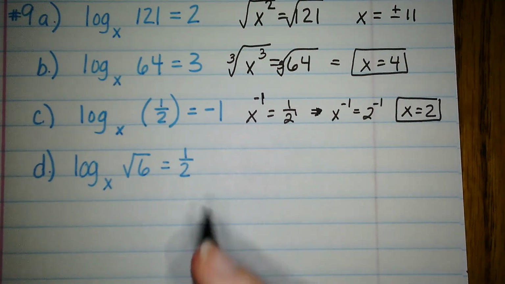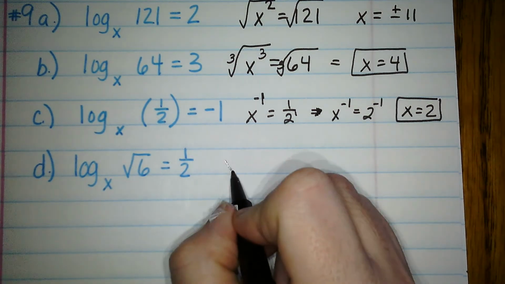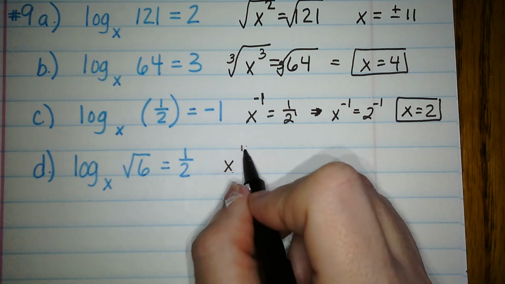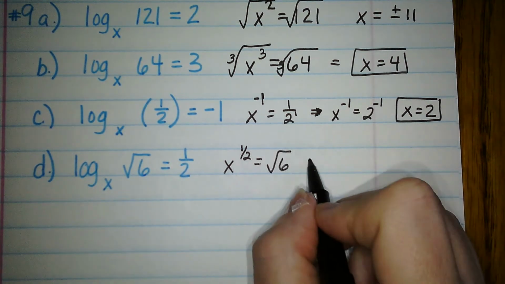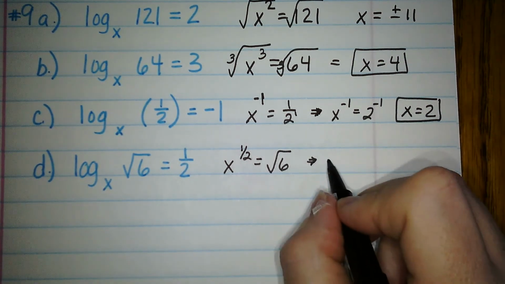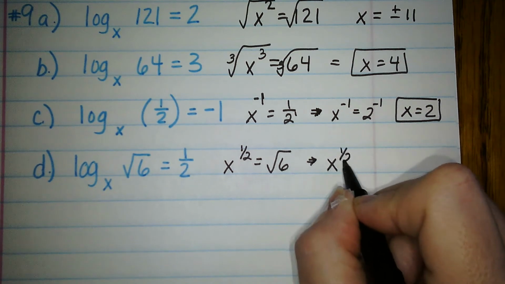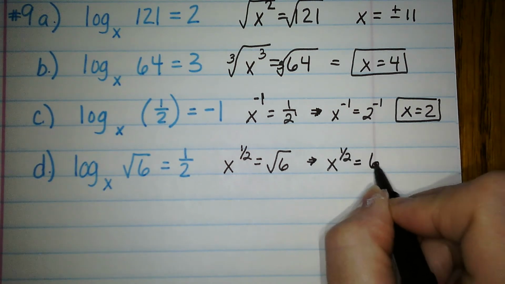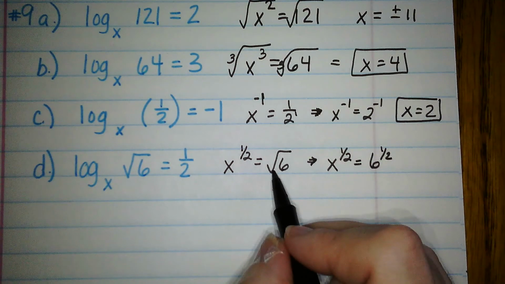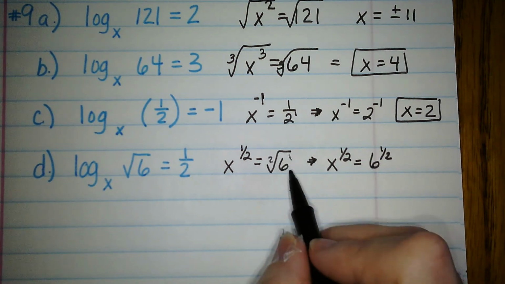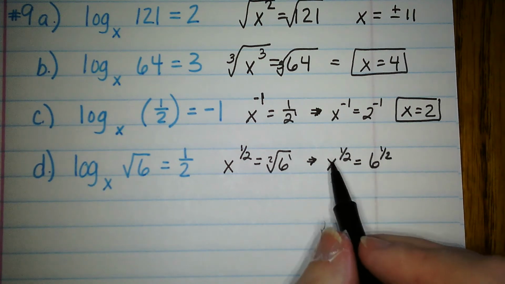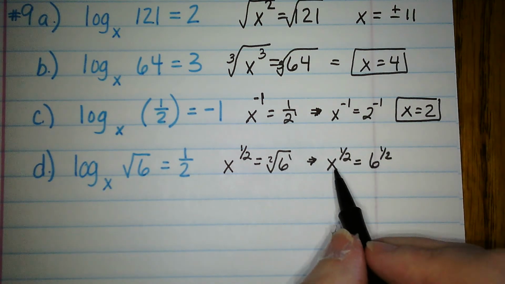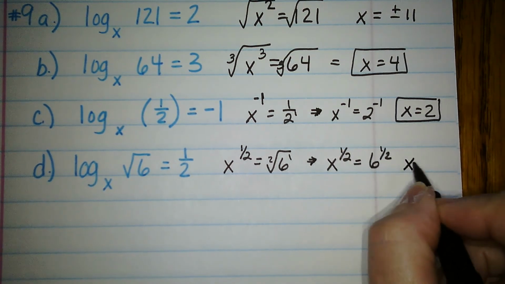And the last one, x is the base, raised to the 1/2 power equals the square root of 6. I could rewrite it as x to the 1/2 equals 6 to the 1/2. Remember that square root is really to the 1/2 power. So these halves are the same, so x has to be 6.